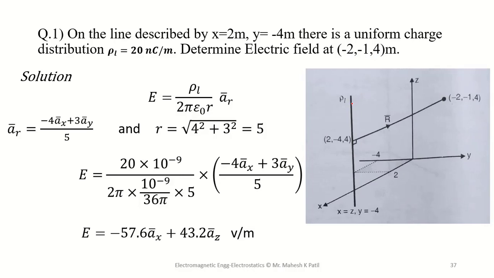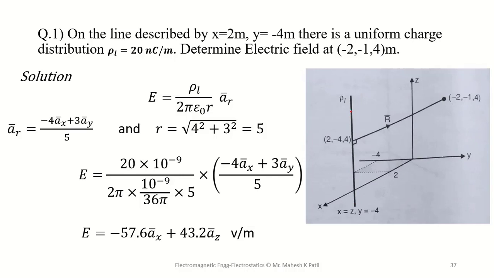Now we'll try to plot this line charge and the given point of interest. Consider this is the x-axis, this is the y-axis, and this is the z-axis. For the line charge, x is equal to 2 and y is equal to minus 4 always. So that line charge is this.